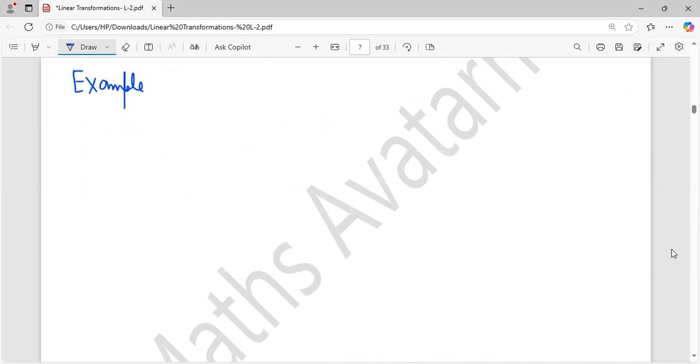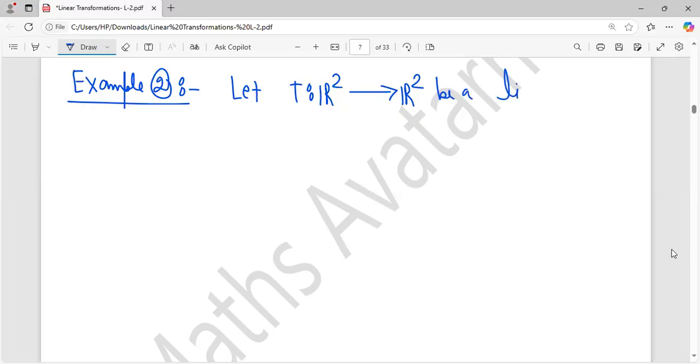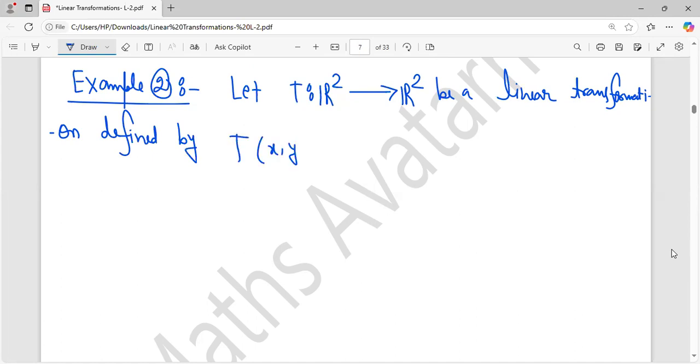Example 2. Let T from R3 to R2 be a linear transformation defined by T(x, y, z) is equal to (x minus y, y minus z).